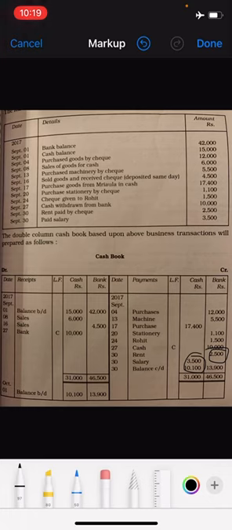Then, same like other ledger accounts, you have to balance, total both sides, and write the greater total on both sides. See the difference. If your credit side is more than your debit side, the balance carried down will be entered on the debit side above the total.